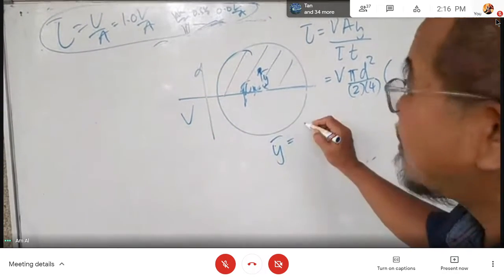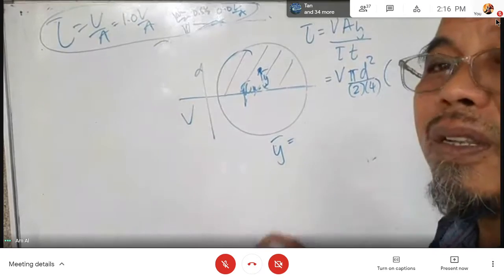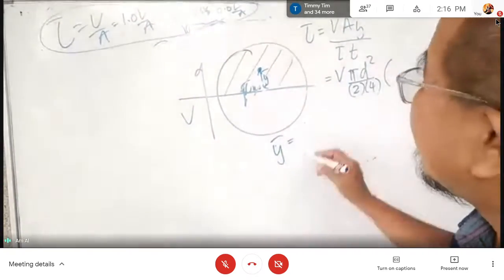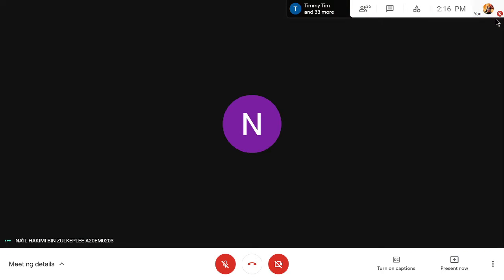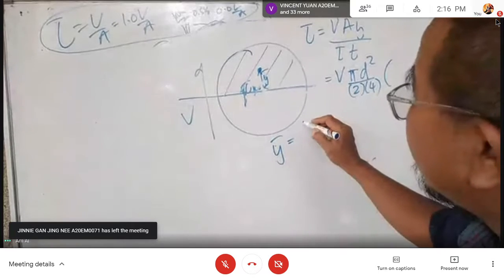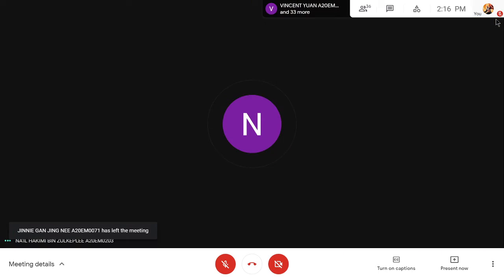Hello, guys. 0.4R. What's the original formula? 4R over 3 pi. 4R divided by 3 pi.